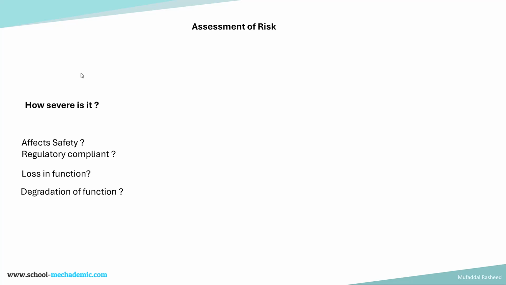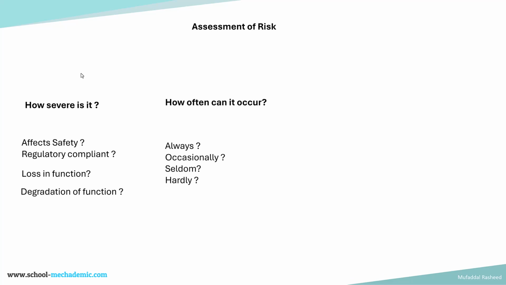The vehicle is not able to operate. Or let's say any type of failure which impedes the operation of the vehicle is loss of function. The next level will be degradation of function. The function is taking place, but it is at a much lower level as compared to what it's supposed to be. So that is severity.